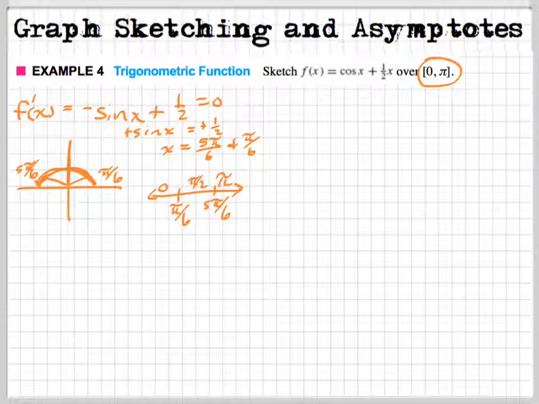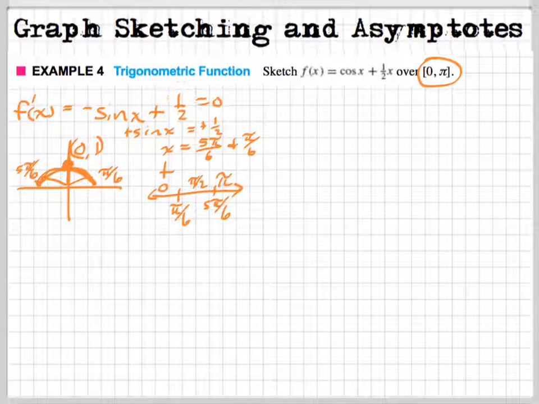Alright, so we plug in 0. We plug in 0 right here, we get 0, and then we add 1/2, so we get positive. If I plug in pi over 2, this would be a negative 1, because sine of pi over 2 is actually 1, but because of that negative sign right there, it's going to be negative 1.